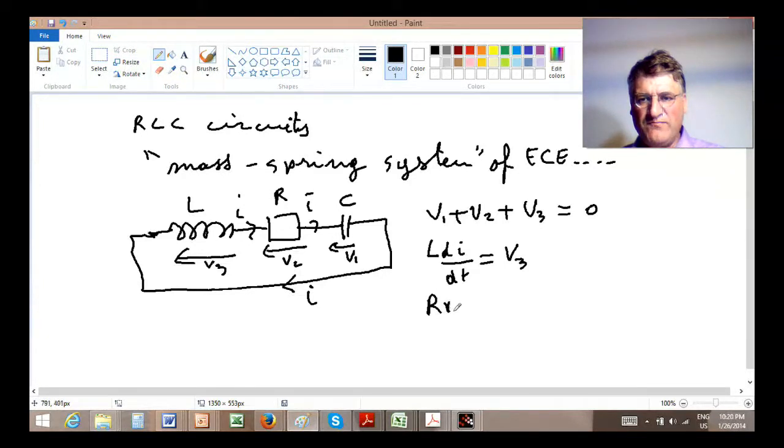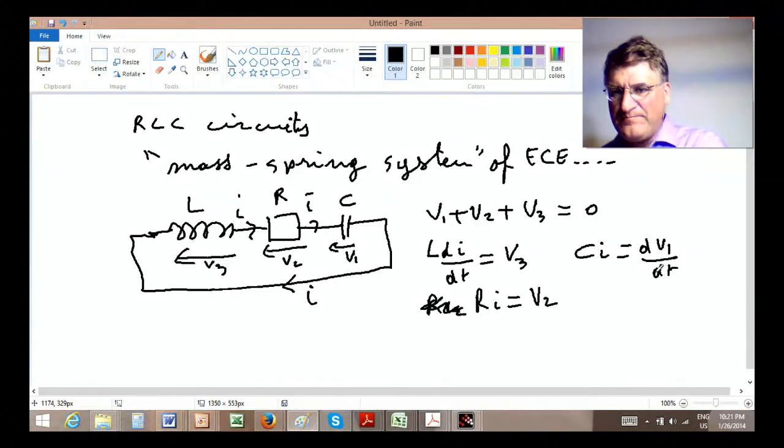R times I is equal to V2. And then C times I is equal to dV1/dt.